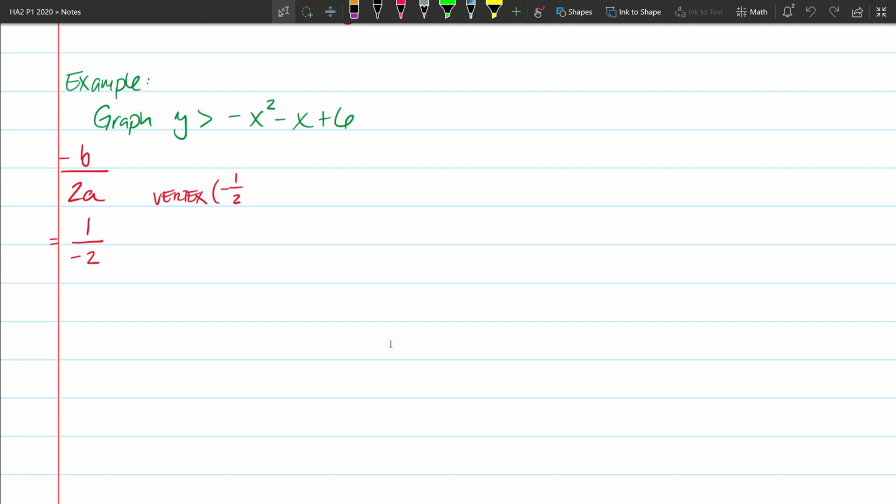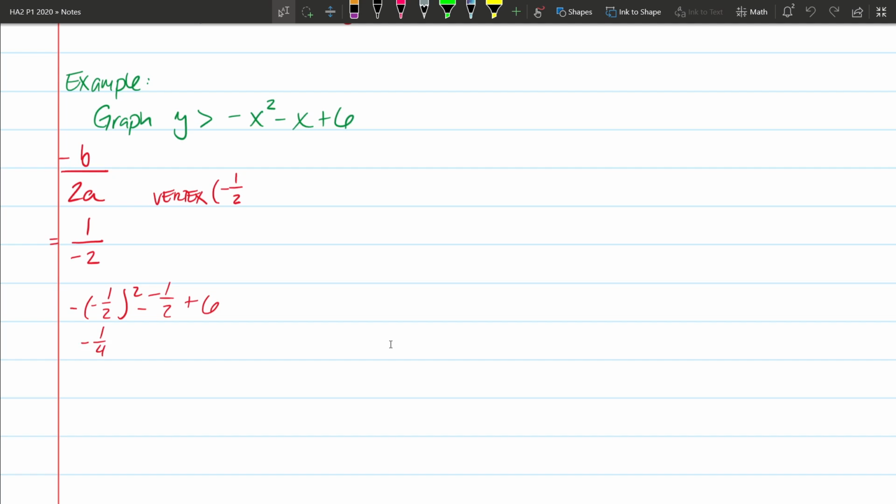So next what I'm going to do is plug that into my equation, which I think I may regret really quickly, but whatever. So that means I'm going to have negative 1/2 squared minus negative 1/2 plus 6. That's kind of a bummer. Whew, okay, 1/2 squared is 1/4. The opposite of 1/4 is negative 1/4.